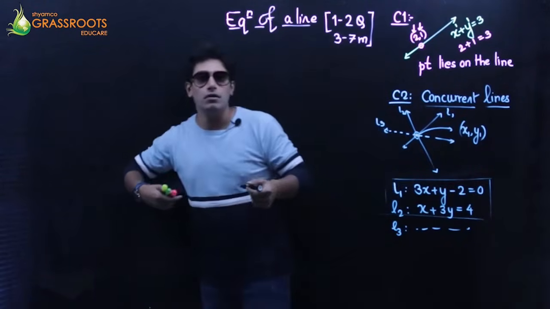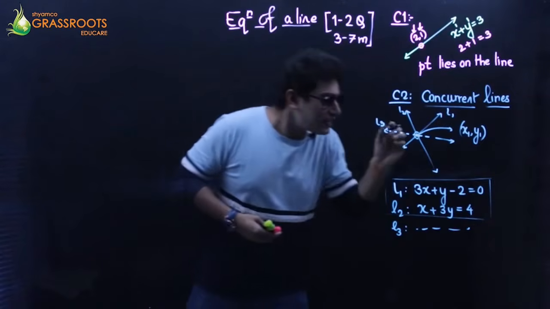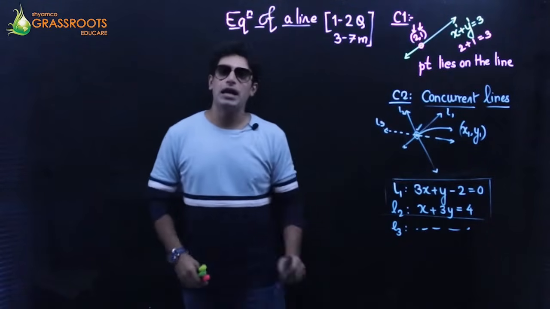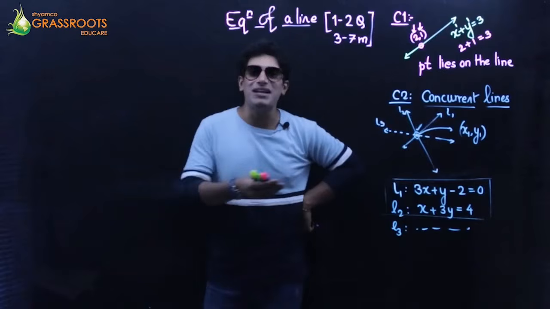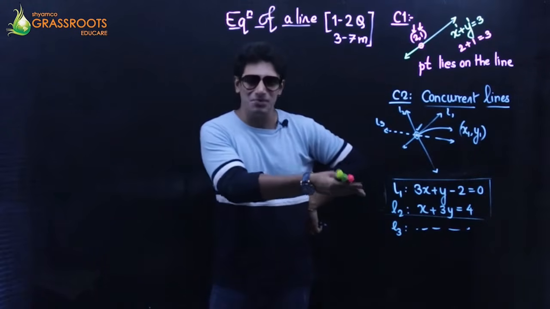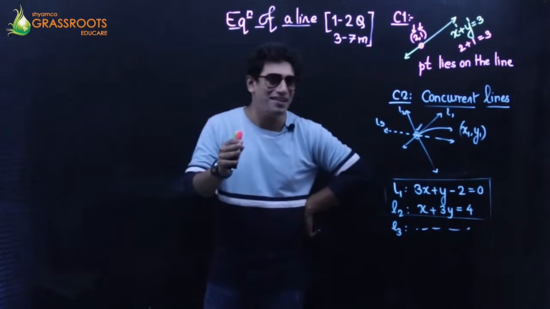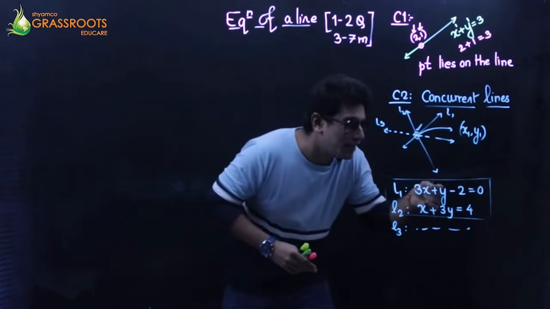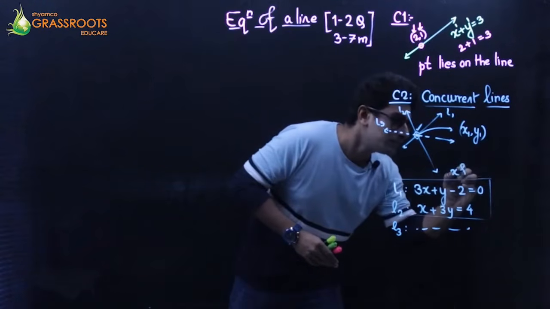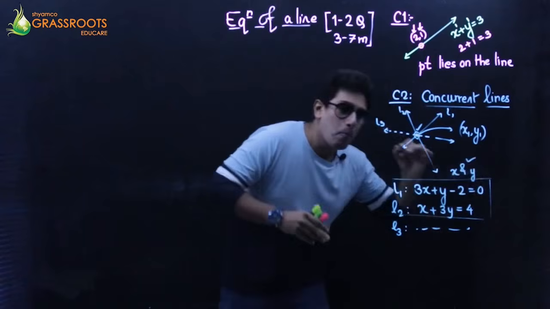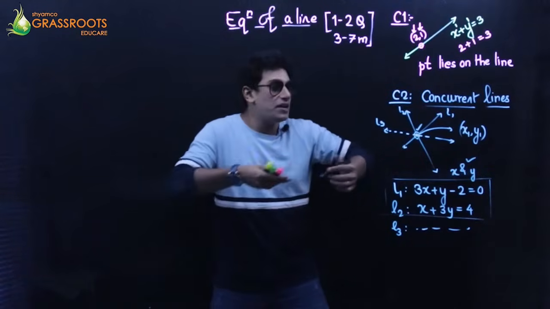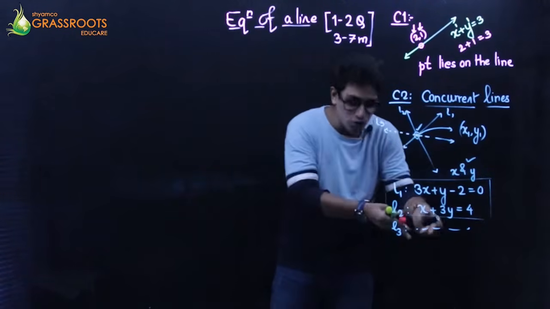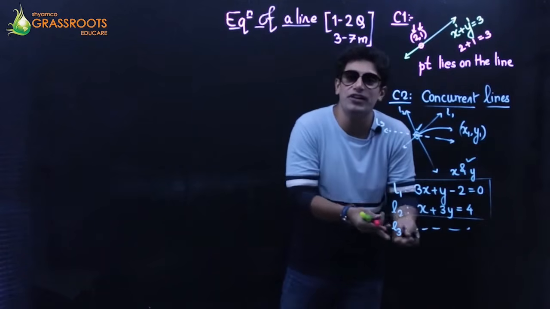I have to check. Once I get the point, how will I get it? By solving simultaneously. When you solve simultaneously, you'll get x and y. Substitute x and y in the LHS of the third equation.